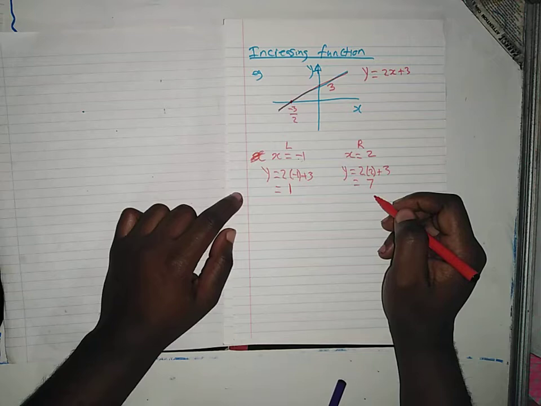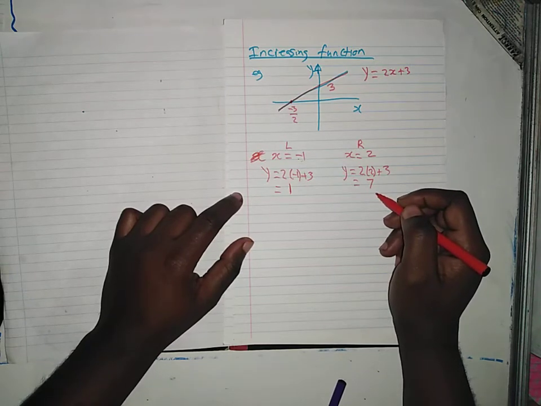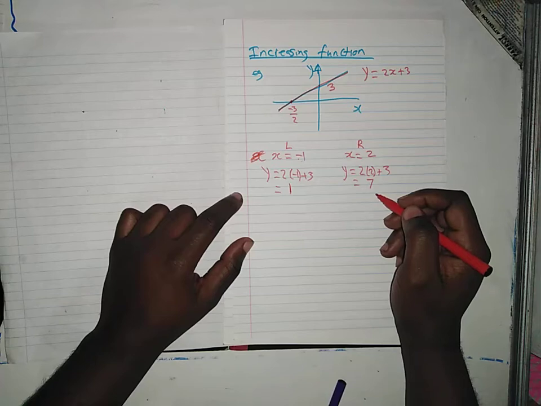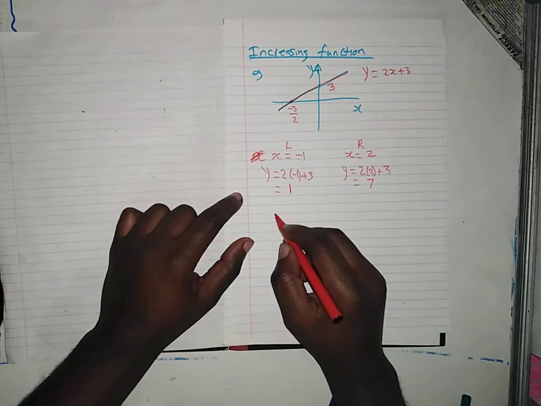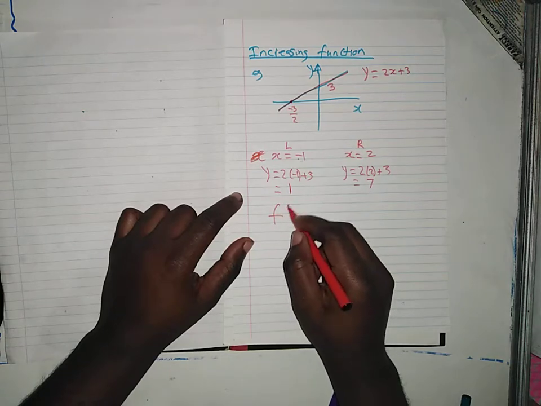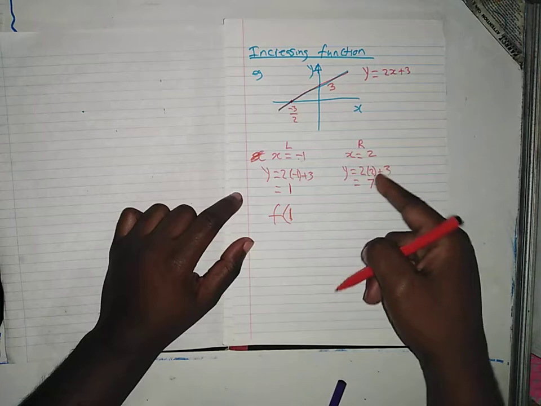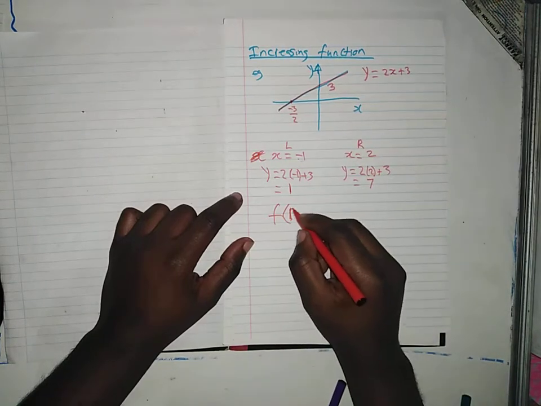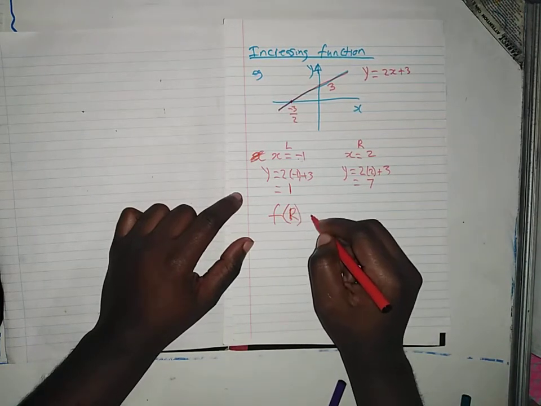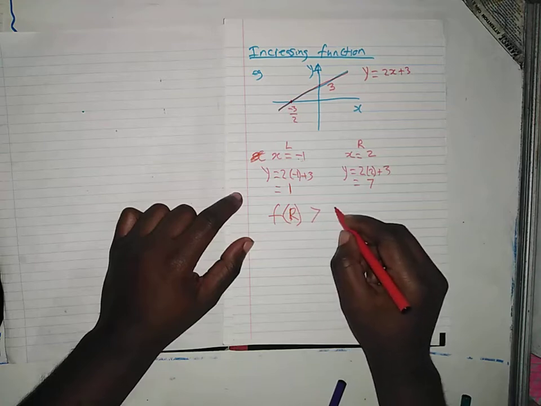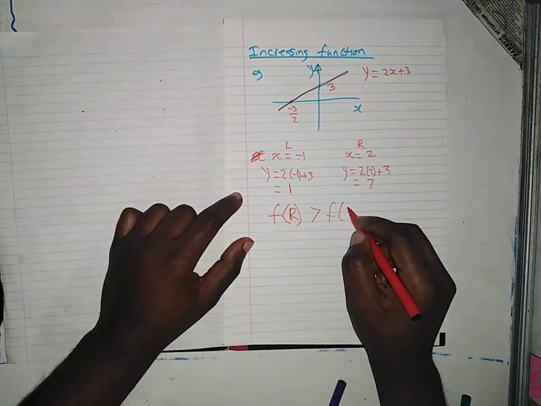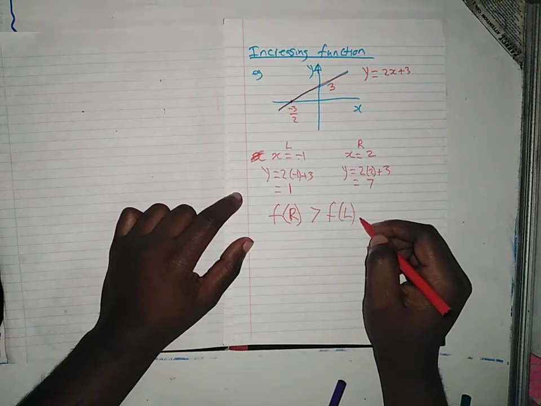Now, formally, if you pick 2 values, one on the right and one on the left, and you evaluate the function using what is on the right, if what is on the right is greater than the evaluation of the function with the number that is on the left, so what does it mean?